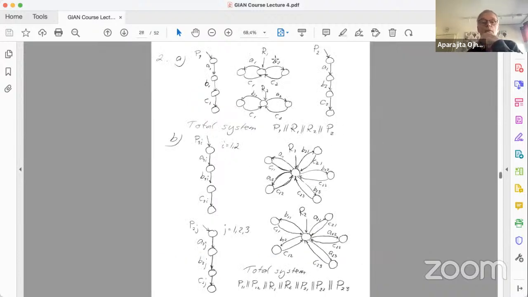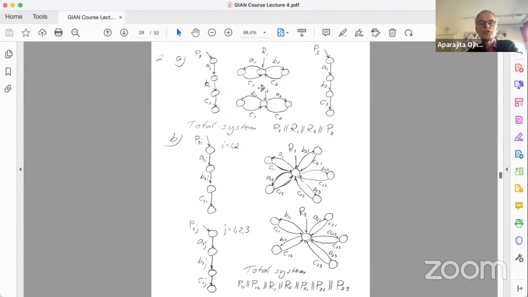And that is exactly what you see for R1. A1 followed by C1, and then you are back in the initial state. Here, the resource R1 is now used for one specific task, for actually the left sequence, and with this model, it's used for the second sequence instead, the right sequence.